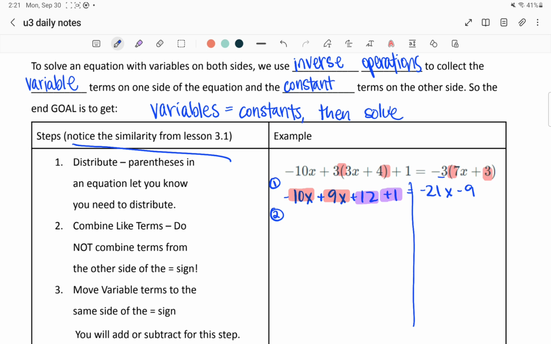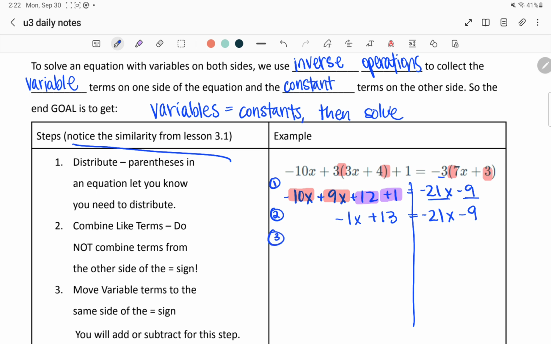So if I'm just squishing together, I have to stay on my side of the equal sign. So I've got negative 10x plus 9x. That's going to be negative 1x. I'm going to put it over here though. 12 plus 1 is going to be 13. Notice I had an x term and a not x term over here. So I can't squish anything together. I can't combine like terms on this side because they're as squished as they can be. So that's step 2. Combine like terms.